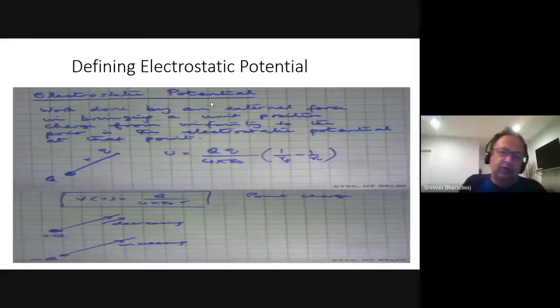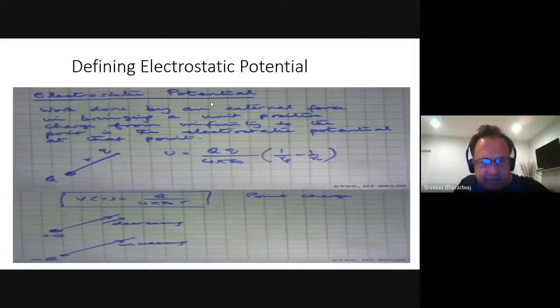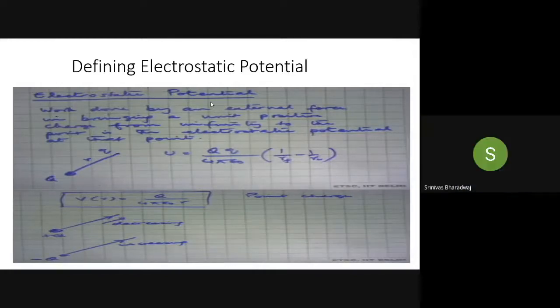Now, if you had to move it from one point to another, what is that work? If you want me to define it, I have a formula for it. You have a point charge and you are at distance r from the point charge. It is Q by 4 pi epsilon naught r.